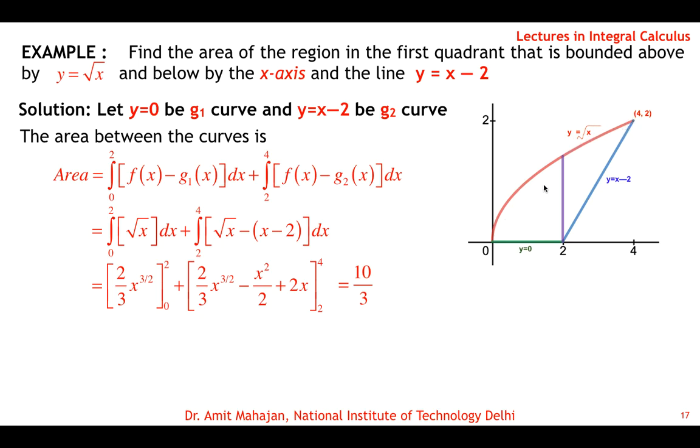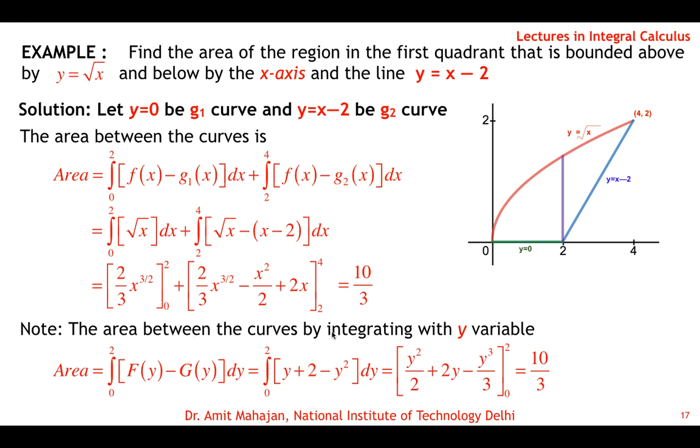So x is equal to y plus 2 is a curve which is always greater than the x is equal to y square curve. So we can also use the area definition in terms of integral c to d of a function of y minus the other function of y dy. Okay, so we can find the area between the curves by integrating with the y variable, treating this as the f(y) curve, and this is the g(y) curve.